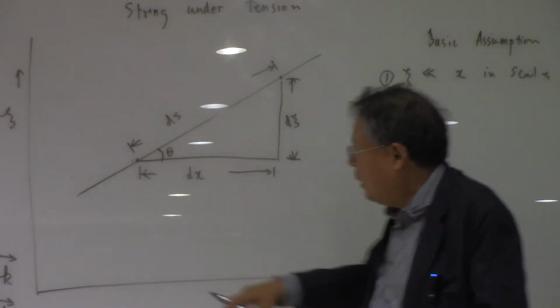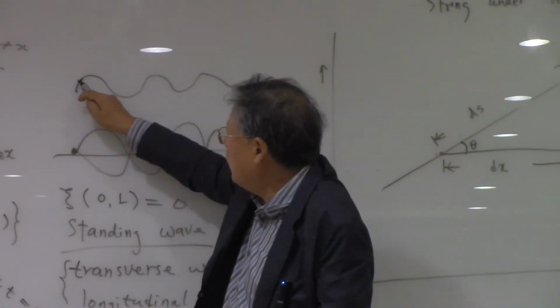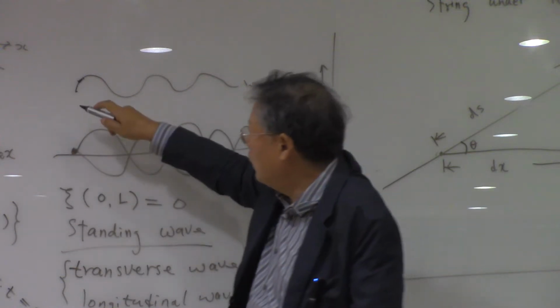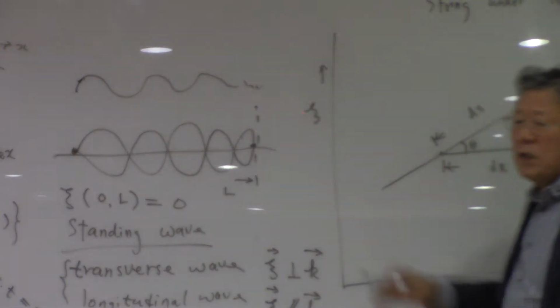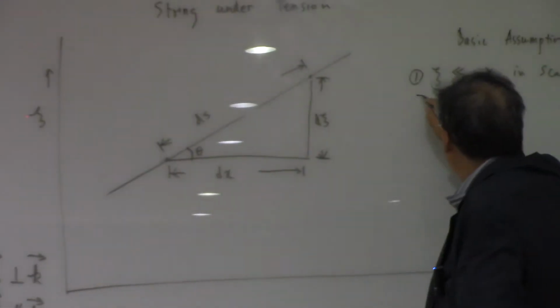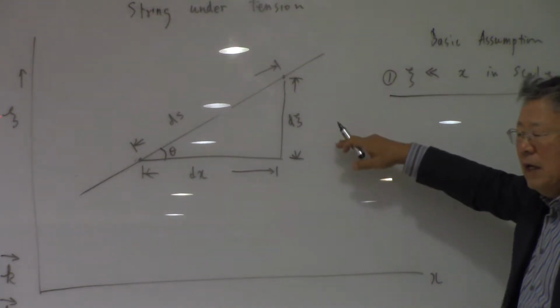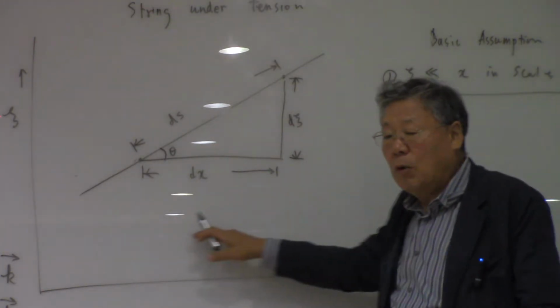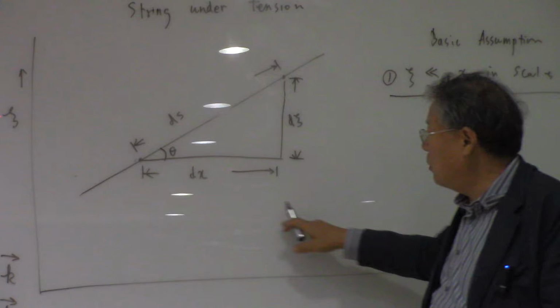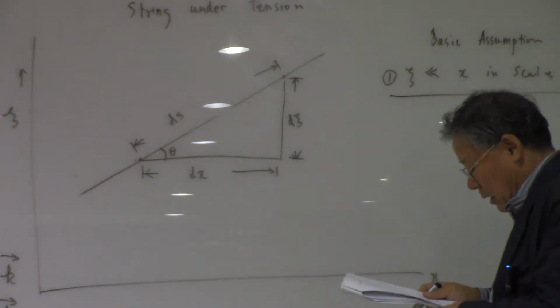When you talk about a string, we are going to talk about a very small portion of it, and you are not going to make very big waves, very small waves. So the displacement psi of the wave is going to be very small with respect to the distance of the particles.